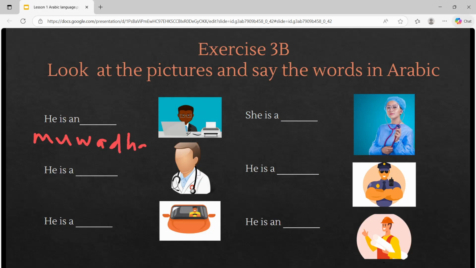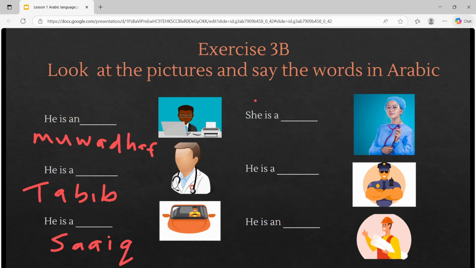All right. He's a doctor. How do you say doctor in Arabic? طبيب. All right. He's a driver. سائق.